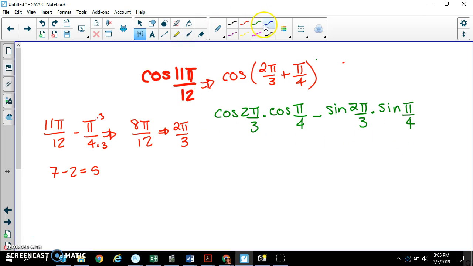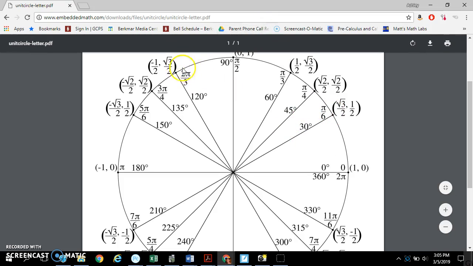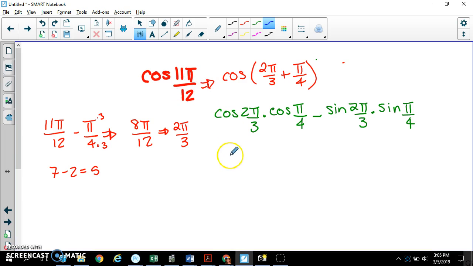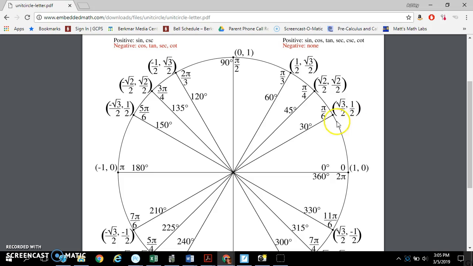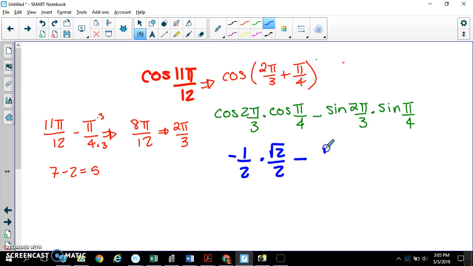Now you just need to look at the unit circle and plug it all in. 2 pi over 3 is over here in my second quadrant. Cosine there is negative 1/2. So I've got negative 1/2 times square root 2 over 2 minus sine of 2 pi over 3, which is square root 3 over 2, times sine pi over 4, square root 2 over 2.